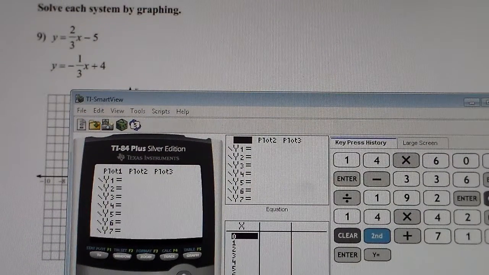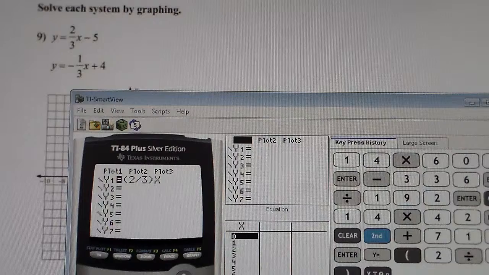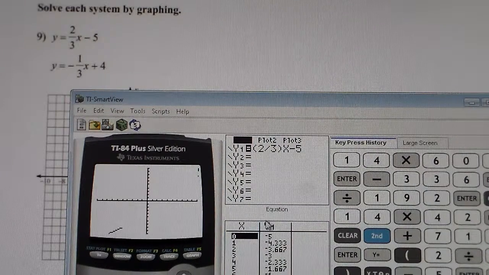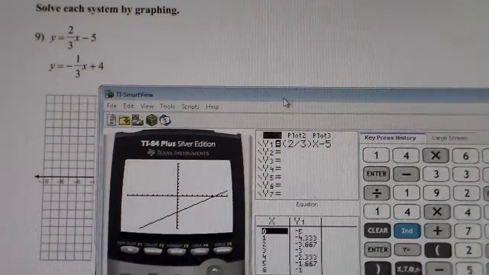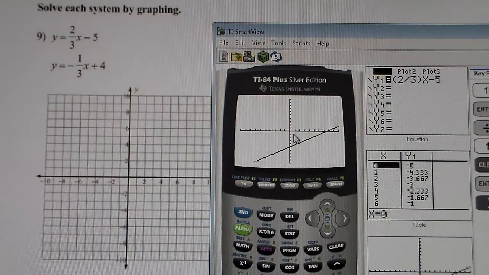So we have y equals 2/3 x minus 5. We take that graph, we see what that looks like. We see that our y-intercept is at 1, 2, 3, it's at -5.